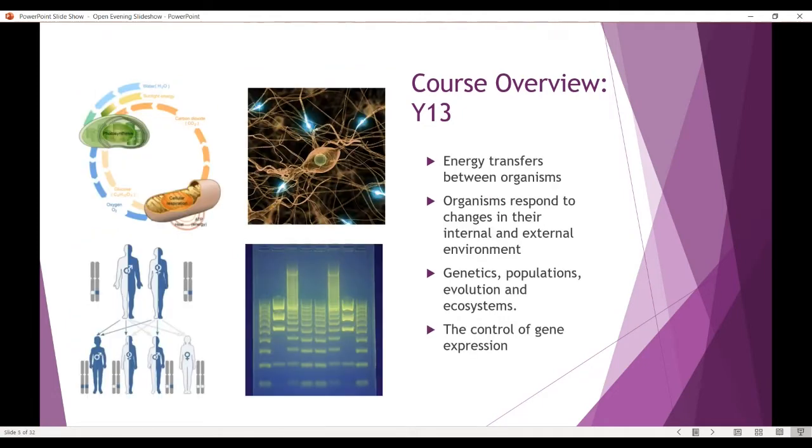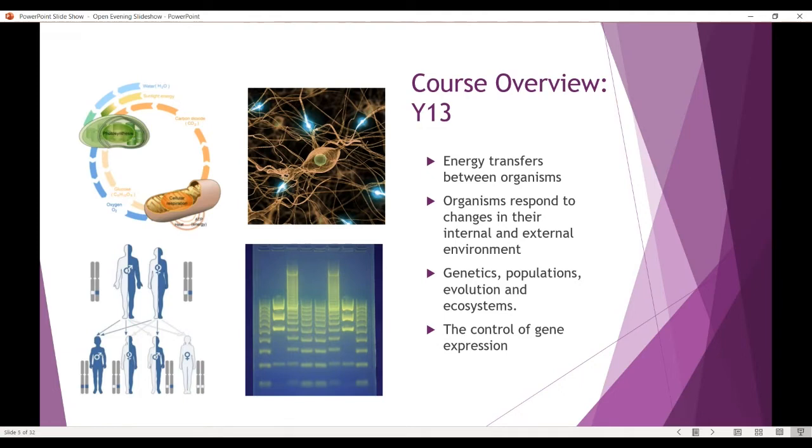In year 13, we broaden our look at energy transfer between organisms, looking at respiration and photosynthesis in some detail, as well as energy transfers in ecosystems. Then we move on to looking at the response of organisms to changes in the environment, both the internal and the external environment, looking at the nervous system and how homeostasis works.